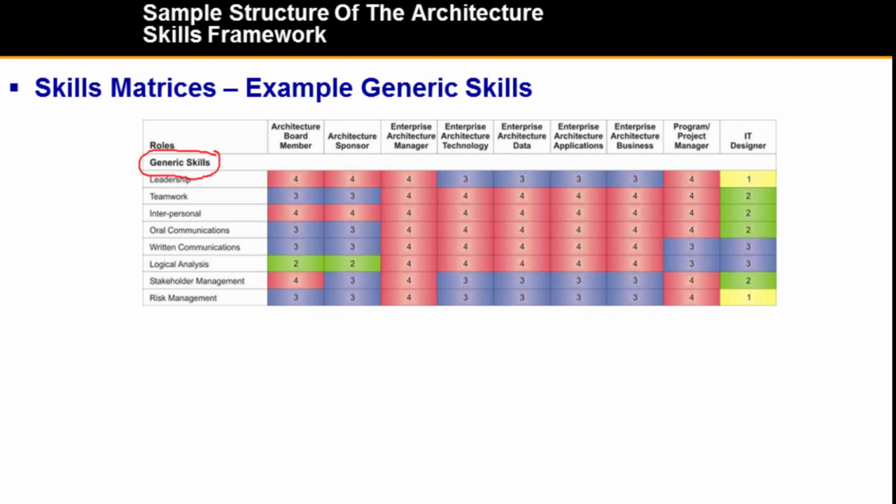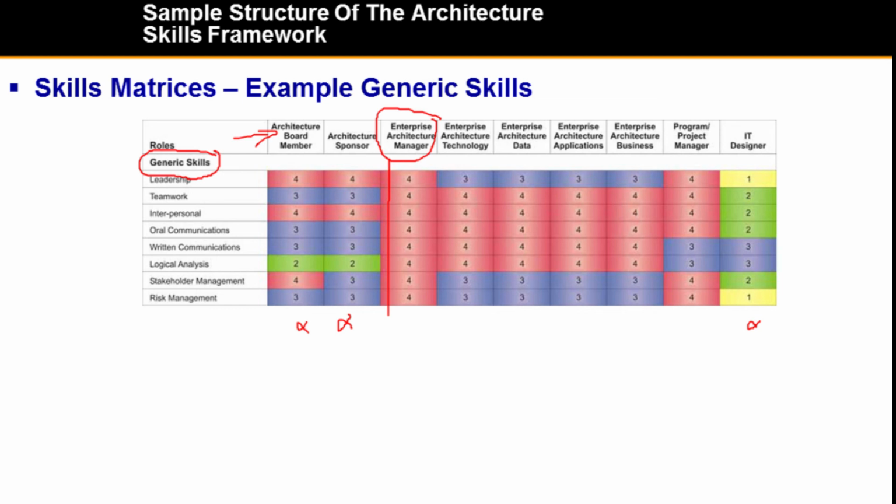And along those titles, it happens that the enterprise architecture manager, of course, because he or she is accountable for the enterprise architecture, needs to have expert level knowledge in all of these different skills, right? If you take a look at the sponsor, or a board member or an IT designer, very quickly you're going to notice that they don't need the same skill level.